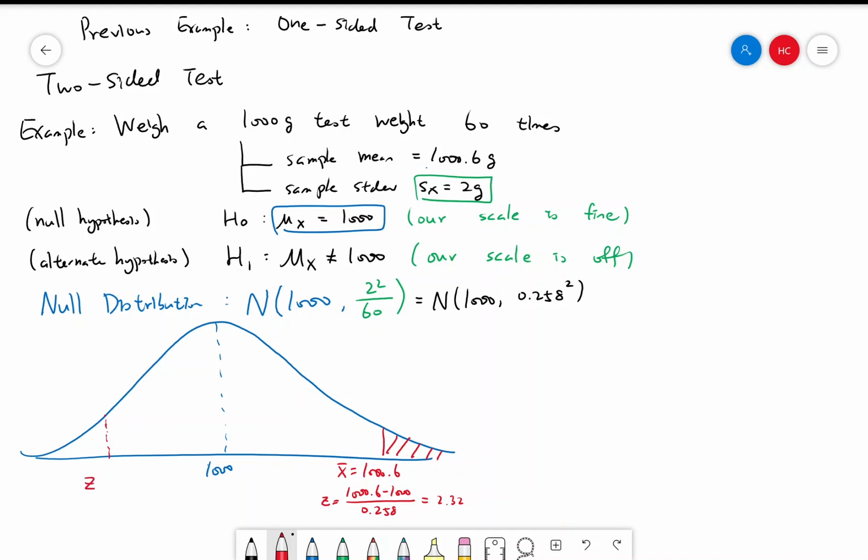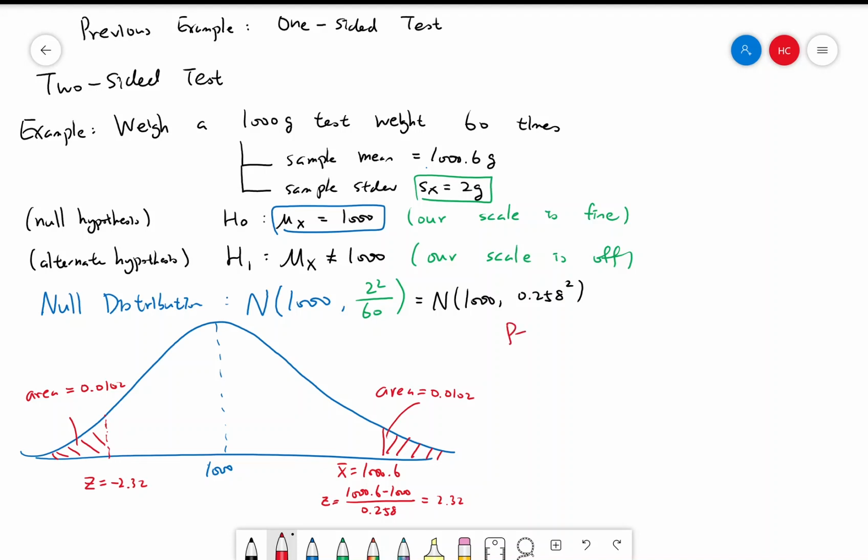So corresponding to z equal to 2.32 is z equal to negative 2.32. So we also take account of the area of this tail. Now if we look up the z table, we know the area of this tail is equal to 0.0102, and because it's symmetric, the area of this tail is also equal to 0.0102.